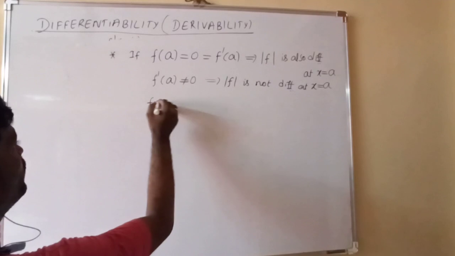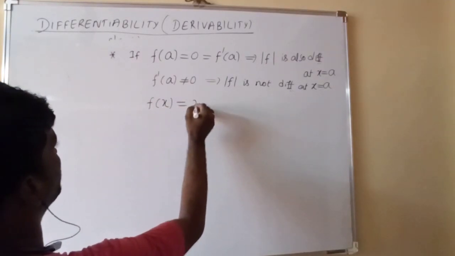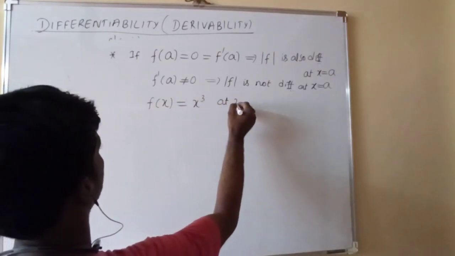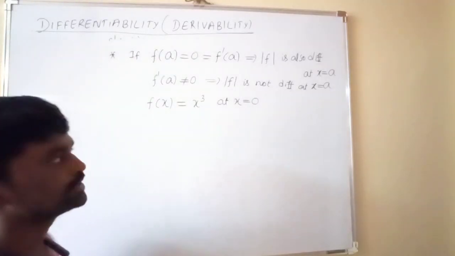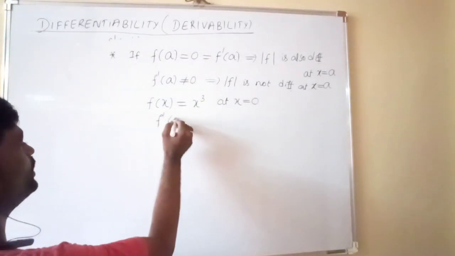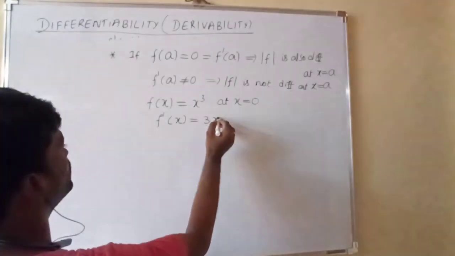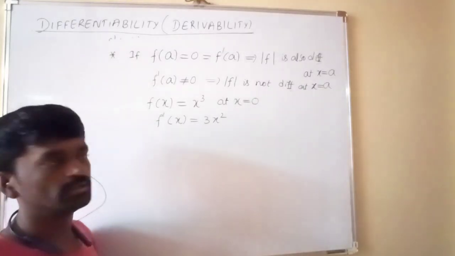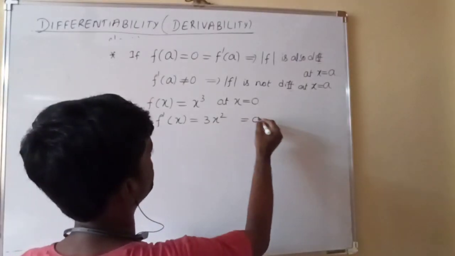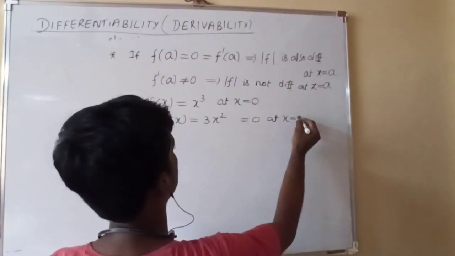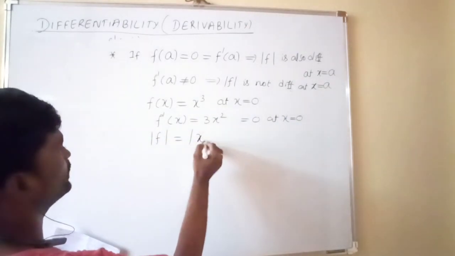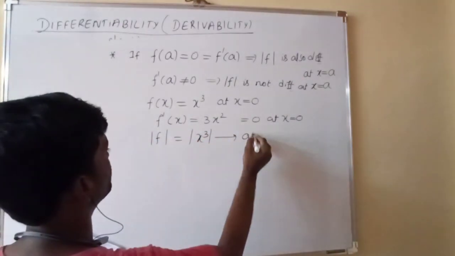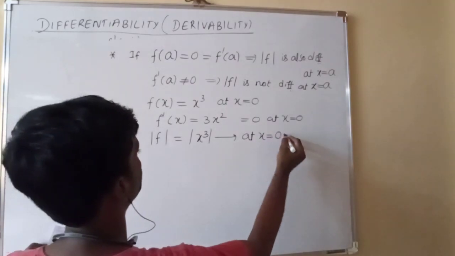Example: if I take f(x) equal to x cube at x equal to 0, then clearly x cube is a differentiable function at 0, and if you find f'(x), what will you get? f'(x) is 3x square, and its value is clearly 0 at x equal to 0. So therefore modulus of f, that is modulus of x cube, is also clearly differentiable at x equal to 0.